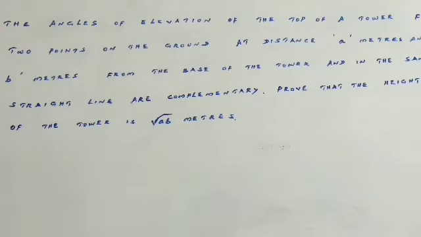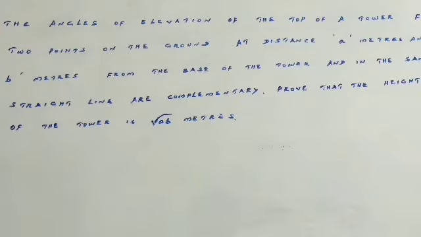So here they mentioned the angles are complementary. So take one angle, that is the distant angle, as theta. The remaining one, that is very close to the tower, is 90 minus theta.